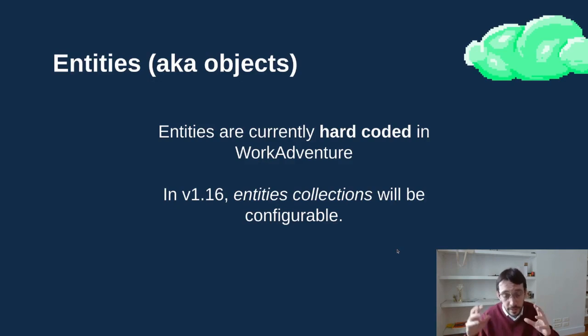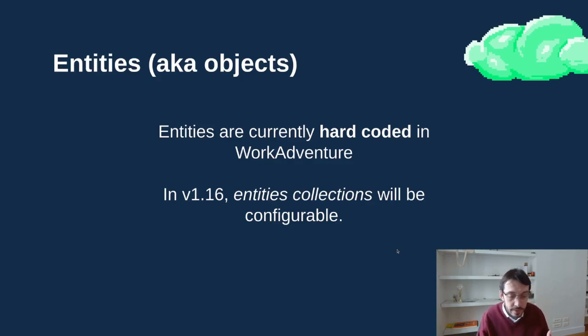First of all, the entities, the objects, are currently hard-coded in WorkAdventure. Sorry about that. This is still a beta version. It's a very, very early version, and right now the list of entities and objects that you can put is really hard-coded. But in v1.16, so not the next version, but the one after, that will be released in March, the entity collections will be configurable.